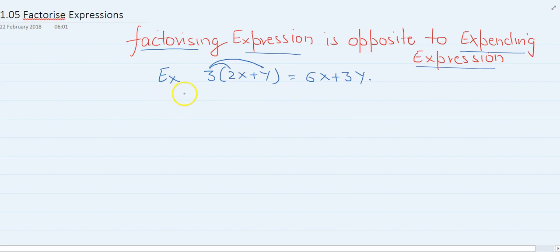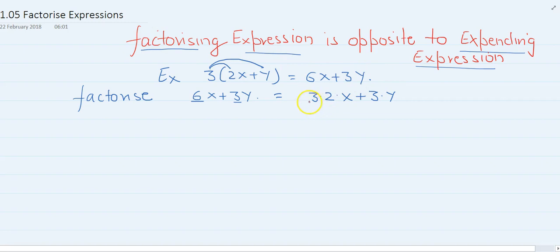Now we have this expression, 6x + 3y, and the question is to factorize. We have to factorize this and this. The factors of 6 are 3 and 2, then x, plus 3 multiplied by y.